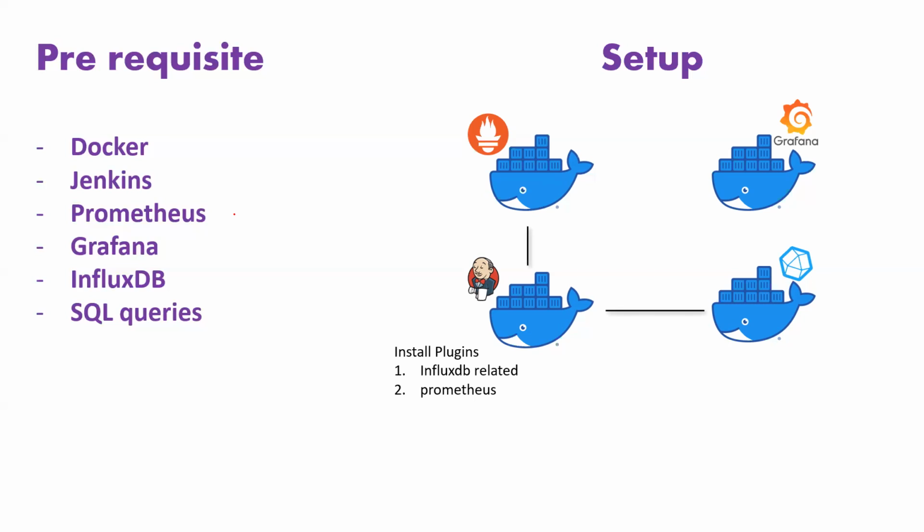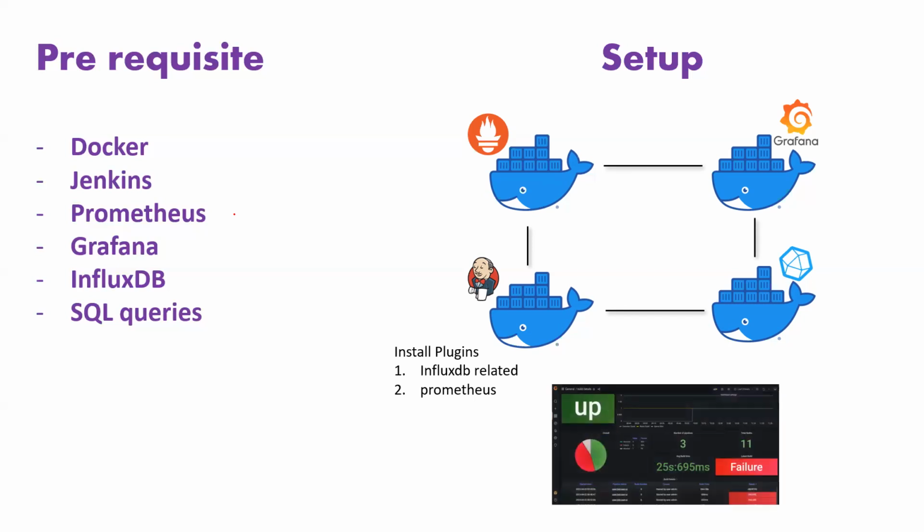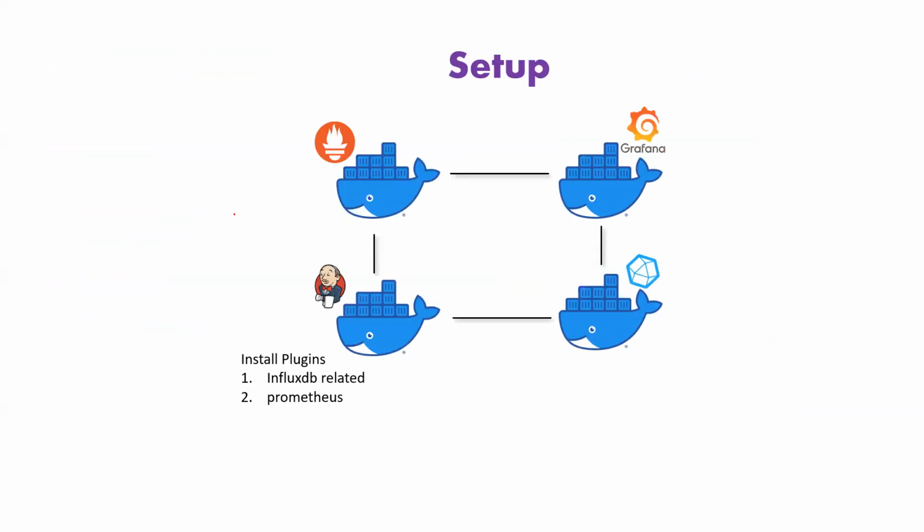Then I created data sources in Grafana for InfluxDB and Prometheus. Once the data sources were created, we created a very beautiful dashboard, where we can monitor all the jobs and the Jenkins status itself. In this video, I'll be using the same setup, but I'm going to make a few changes.